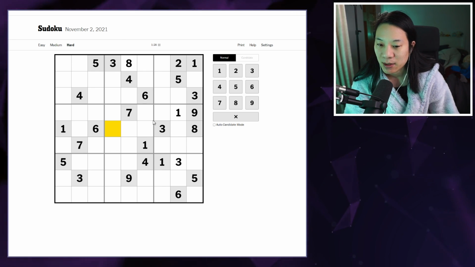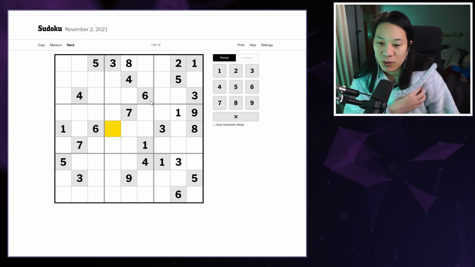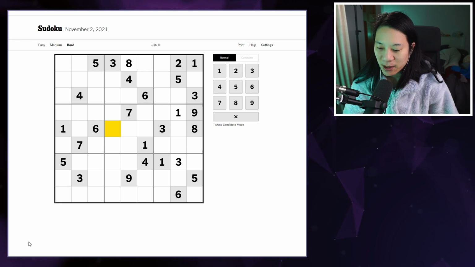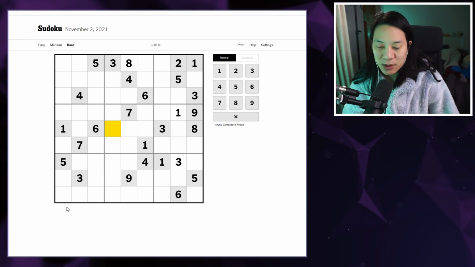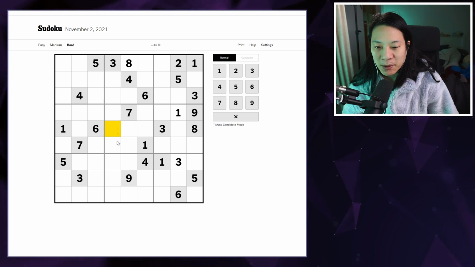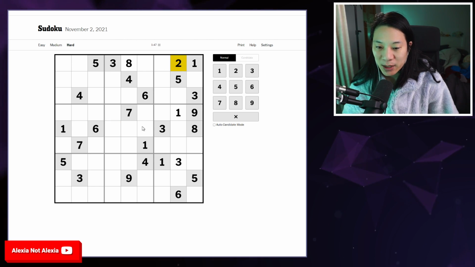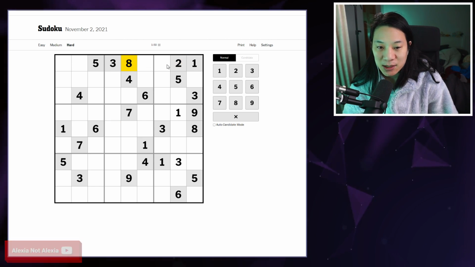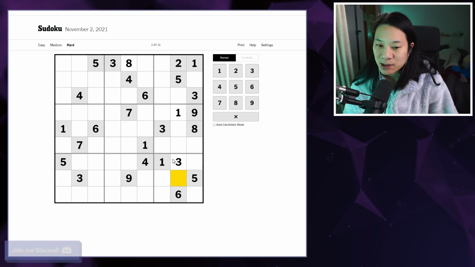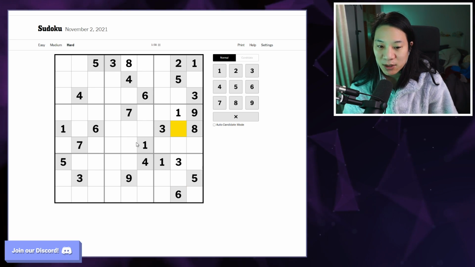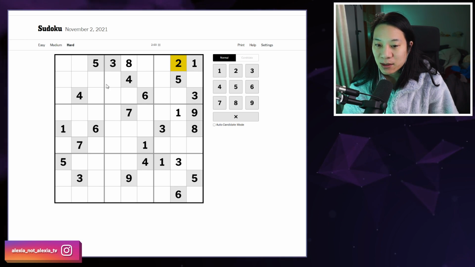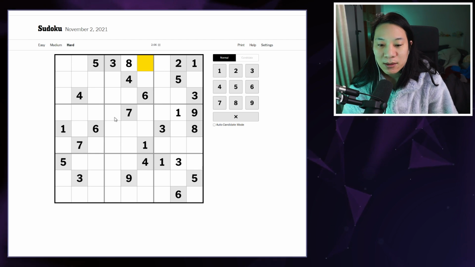So the chances of it being the only candidate in the cell is lower, basically. So if there's a lower probability of any cell that doesn't see a weak number being a naked single, then any cell that sees the weak number must therefore have an increased probability of being a naked single. So with that logic, I always look at the rows and the columns, and sometimes the boxes as well, that see the weak number and see what we get.